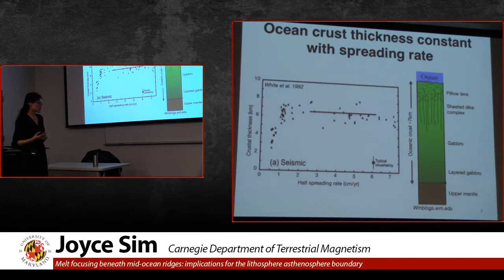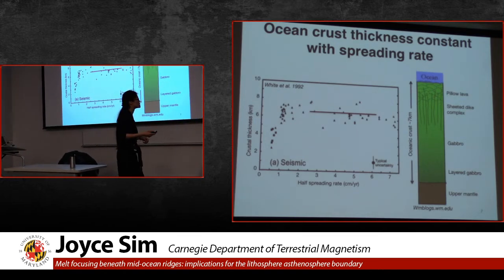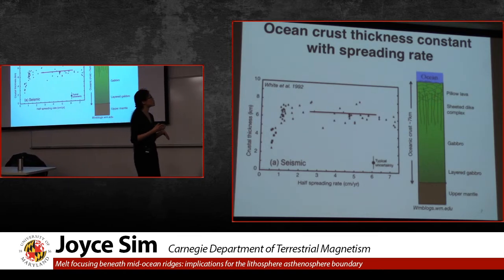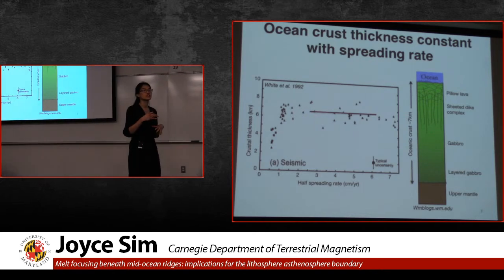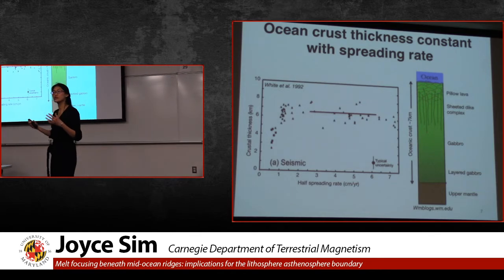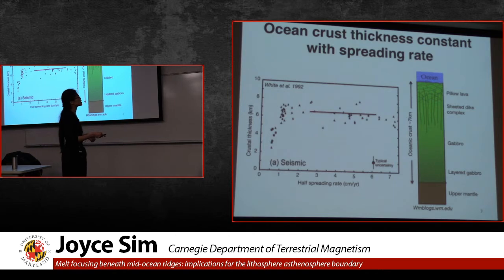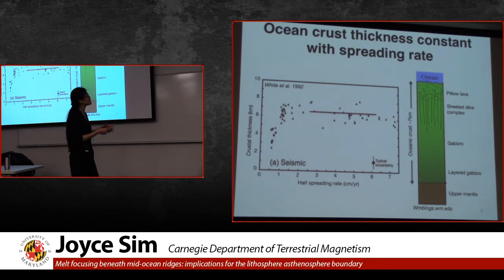One of the very important observations made at mid-ocean ridges is trying to understand what the oceanic crustal thickness is. This has been measured by seismic reflection amongst other geophysical methods. And over here, I'm showing a very classical data set by White et al. 1992.